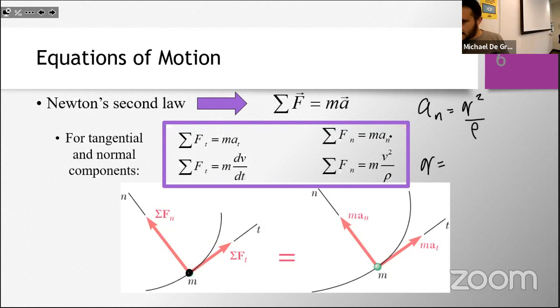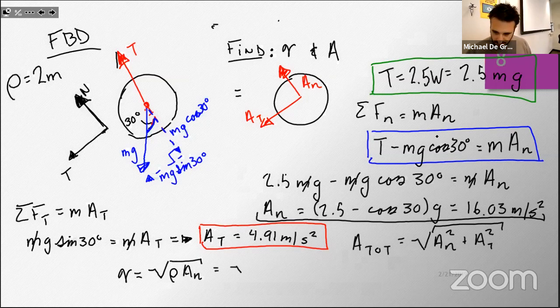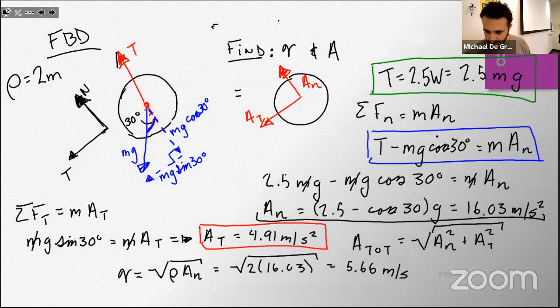We can say that the velocity is the square root of rho times the acceleration in the normal direction. We know rho because we were told what the radius of curvature was for the pendulum. We've just figured out what a sub n was, so we should be able to get the velocity. So the velocity using that equation should be the square root of rho times a sub n, which is the square root of 2 times 16.03, which is 5.66 meters per second.